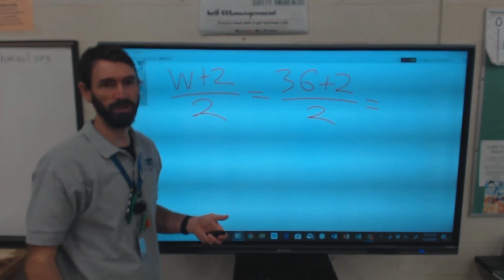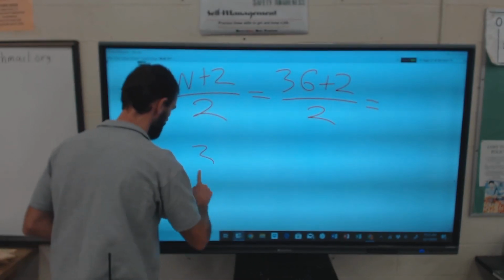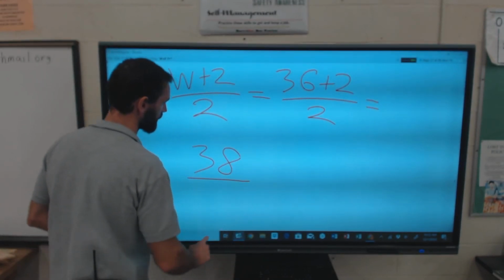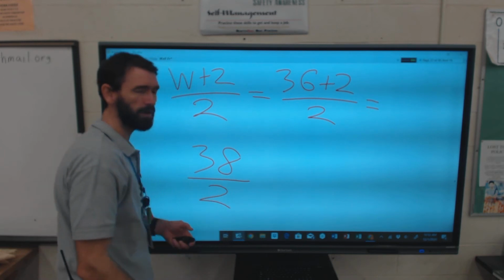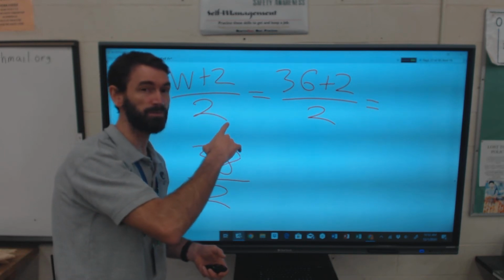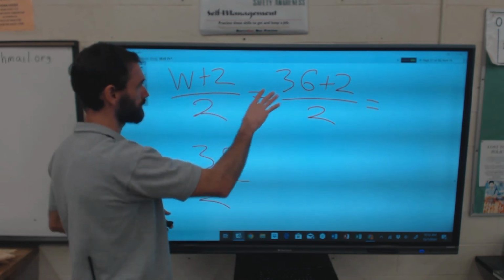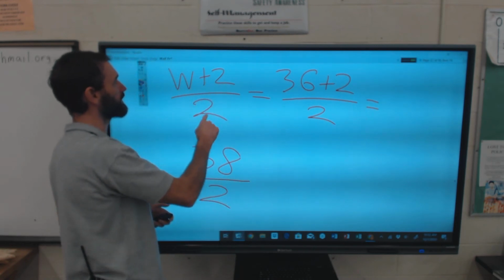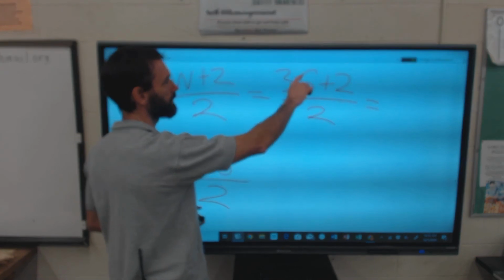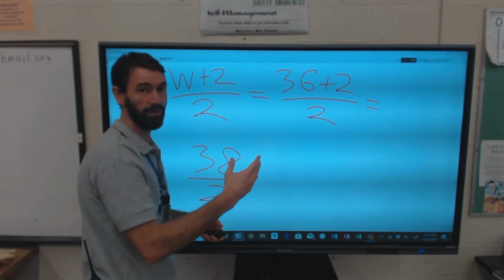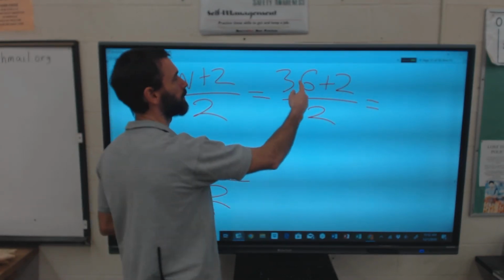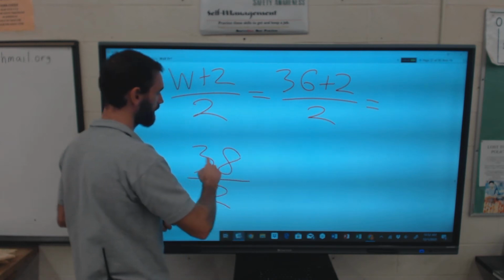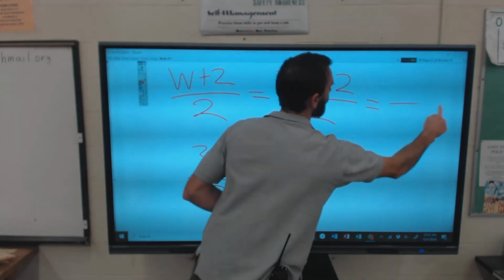So what's 36 plus 2? 38. Oh yeah, by the way, copy this part of this down. I want you being familiar with the way that this runs here. So W plus 2 divided by 2 equals, and then now we plugged in the width of our door, which is 36. Add 2 divided by 2. That comes down.